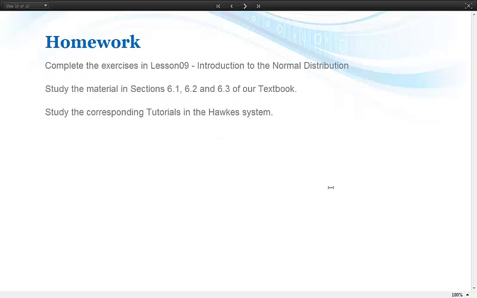Okay, so for homework, please complete the exercises in Lesson 9, Introduction to the Normal Distribution. Study the material in sections 6.1, 6.2, and 6.3 of our textbook, and study the corresponding tutorials in the Hawk system. When we get back into class on Tuesday, we'll do lots of practice with these different ways of computing with the normal distribution, and we'll have a brief quiz on this.